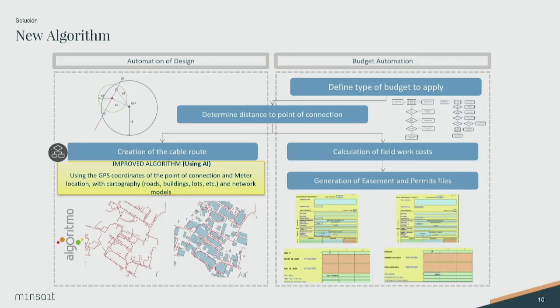And then they ran the algorithm using the cartography, so actually the places where the buildings were, the streets, right? And they said, okay, how can we connect all these points with the network? So the algorithm started to work and came out with a network design, and then they overlapped it with existing cartography, and they found there was an improvement in terms of material used and time. So that was the first proof of value, and then basically the project started.